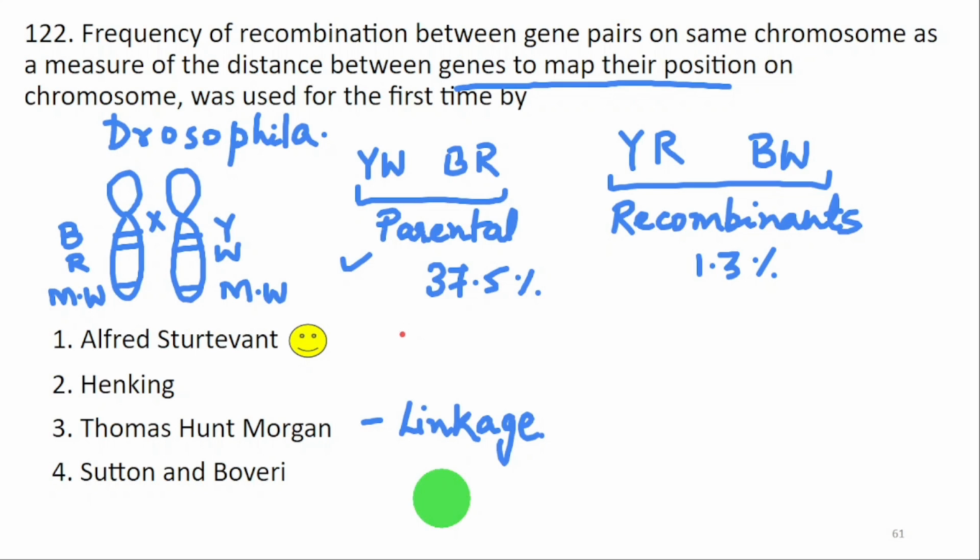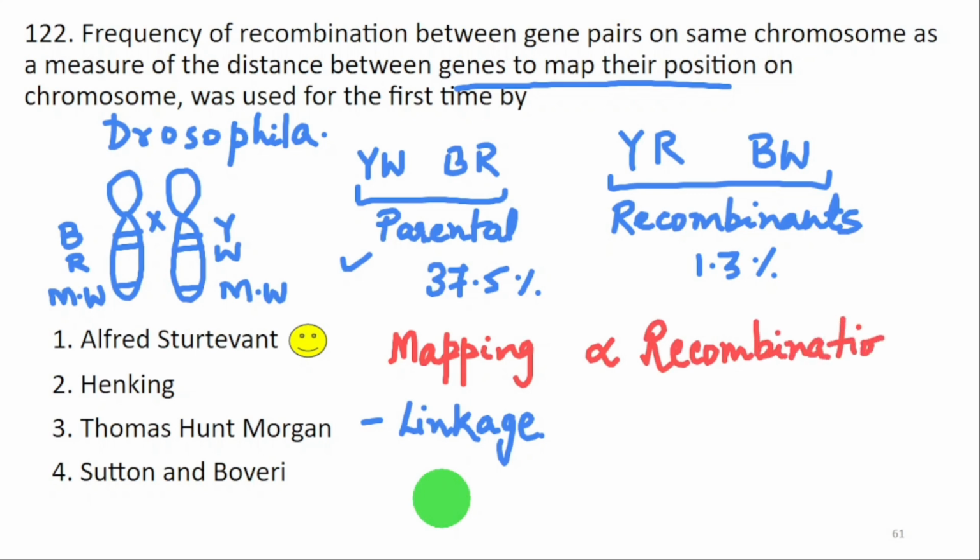So gene position, which is called the mapping, was directly proportional to the recombination. If the distance between the genes is high, the percentage of recombinants will be high. So this is the concept. It was used for the first time by Alfred Sturtevant.